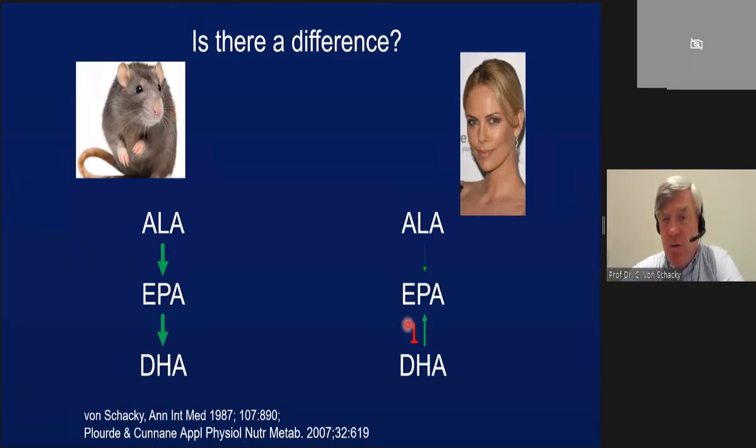Humans poorly convert alpha-linolenic acid to EPA and basically do not convert EPA to DHA, meaning we need a supply with DHA to build and maintain our brain and to build and maintain the cell membranes of each and every other cell in our body.